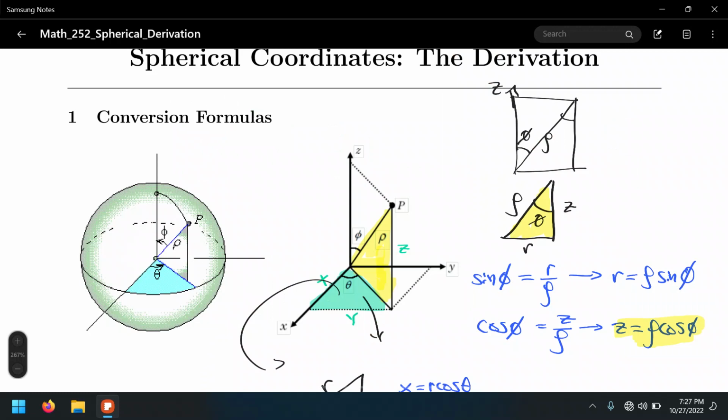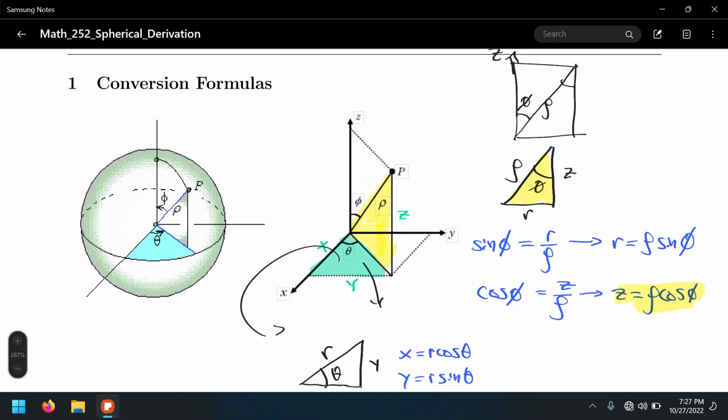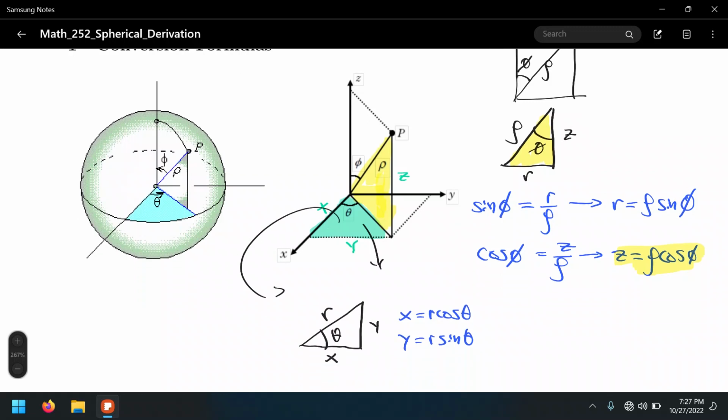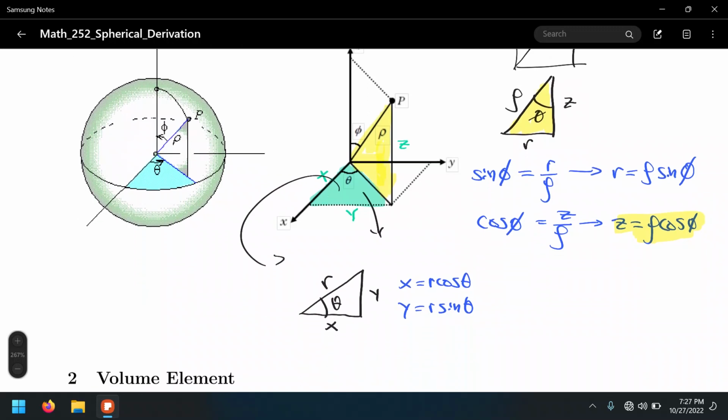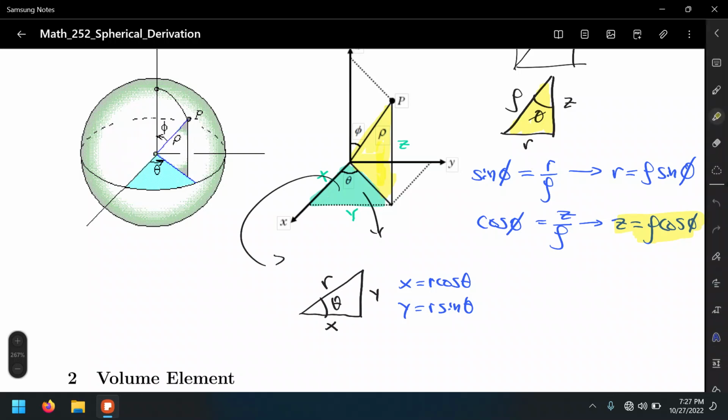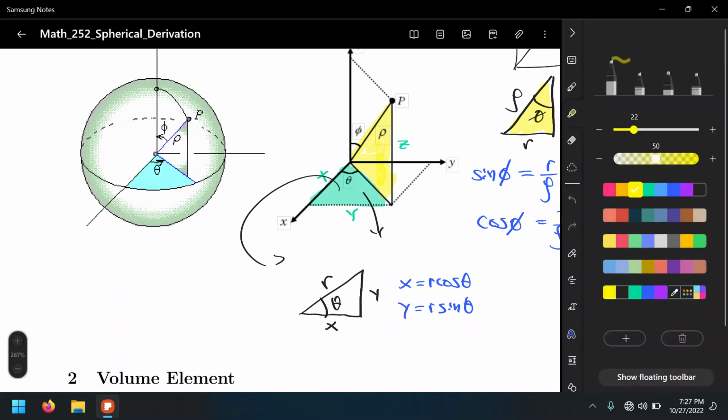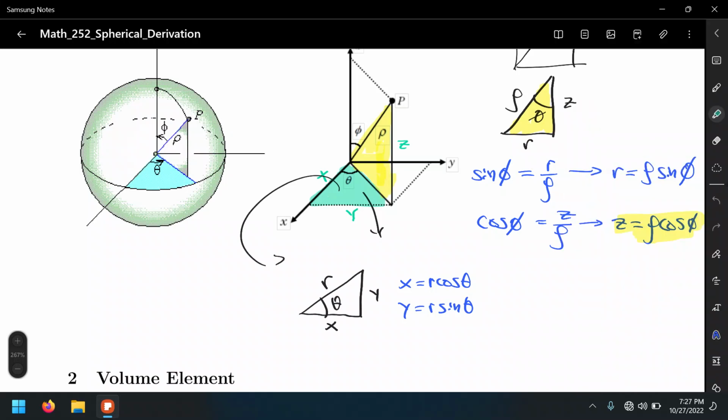Notice the conversion formulas in cylindrical coordinates do not involve little r. So for x and y, we need to get rid of these r's. How do we get rid of those r's? Well, it turns out that we have expressions for them. What's r? Isn't it rho sine phi?